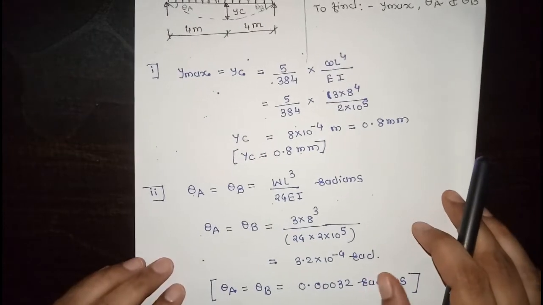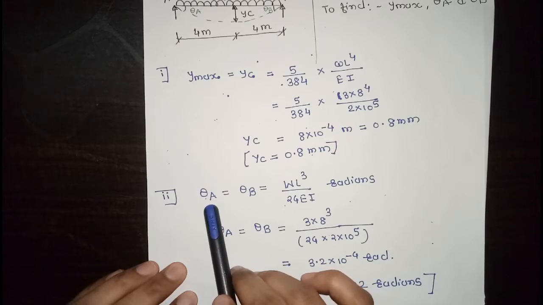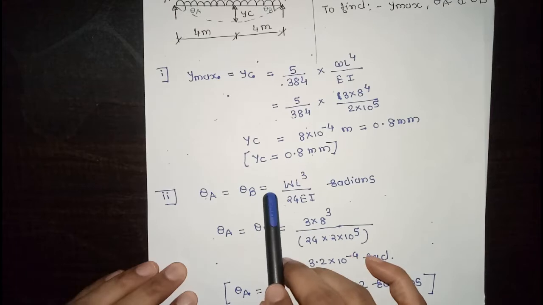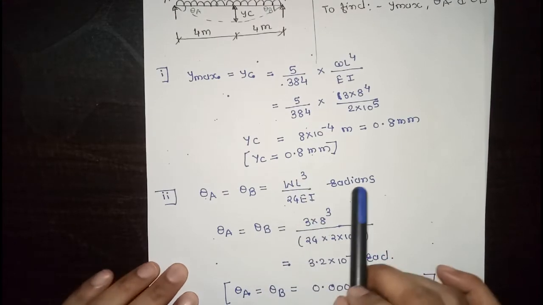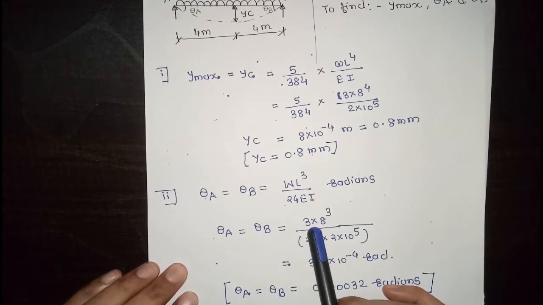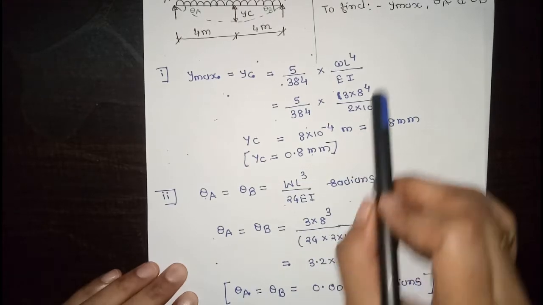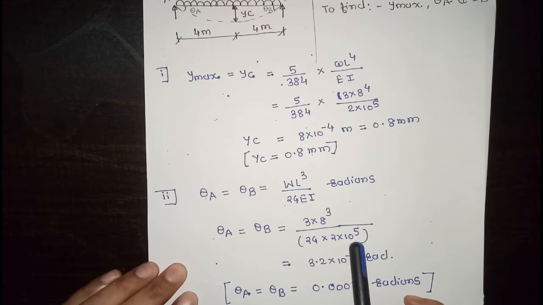Okay, so calculate slope at the ends or slope at the supports. So theta A is equal to theta B is equal to WL cube divided by 24 EI radians. So theta A is equal to theta B is equal to 3 into, what is the value of W? 3. So L is equal to 8 meter, 8 cube divided by 24 into EI, 2 into 10 to the power 5.